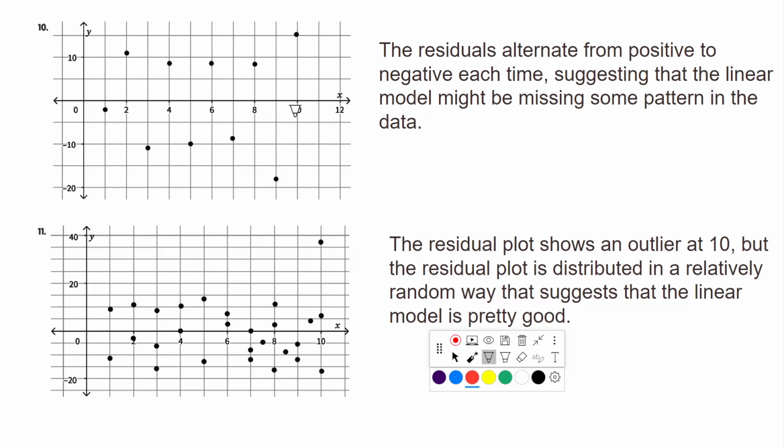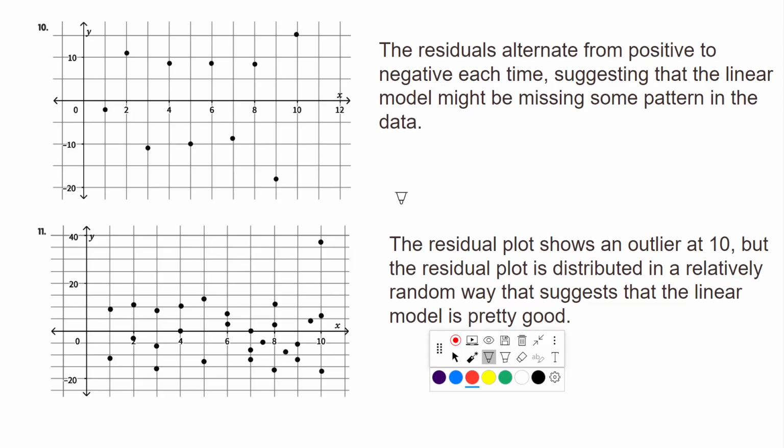That tells me too that this data is maybe not the strongest correlation, depending on what the scale of all of our numbers is. But also, because this is alternating like this and we aren't really close to more than just this very first point, we might be missing some other pattern that's happening in the data.